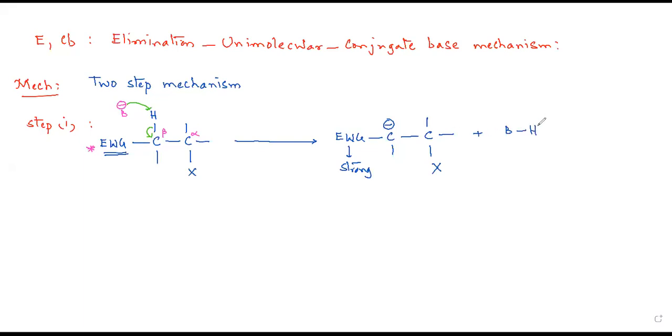Base has gone off along with the hydrogen in the form of H plus. Now, suppose this is a species. When a H plus is removed, what do we get? We get the conjugate base of that. Conjugate base, which of course is a carbanion in this case.